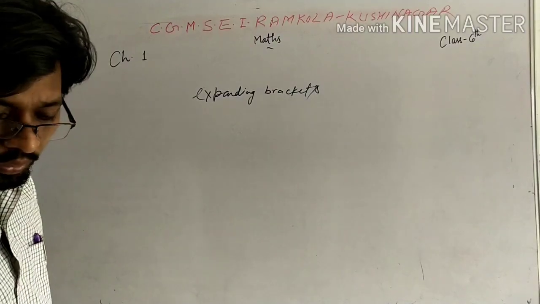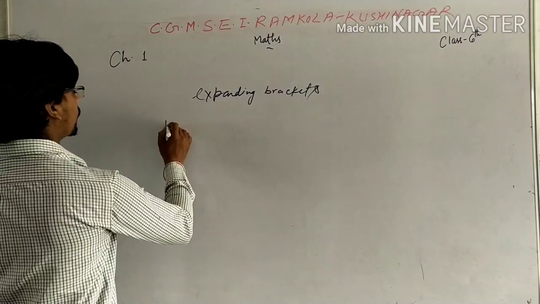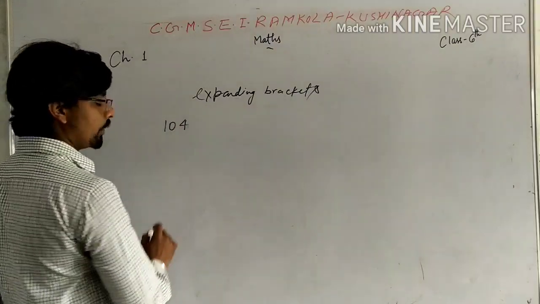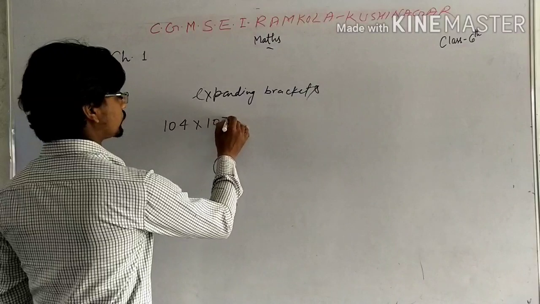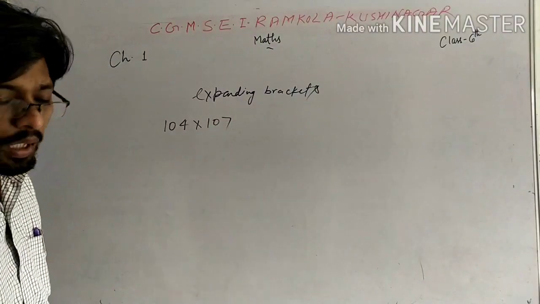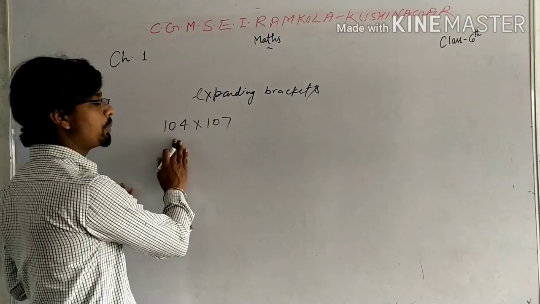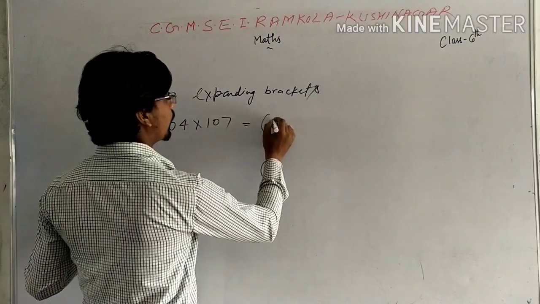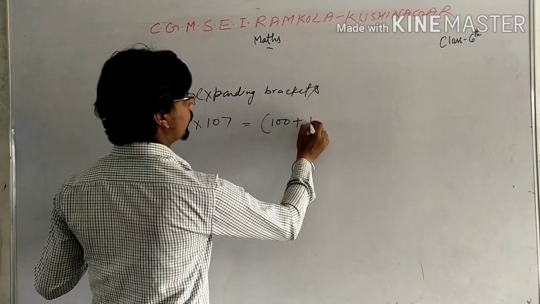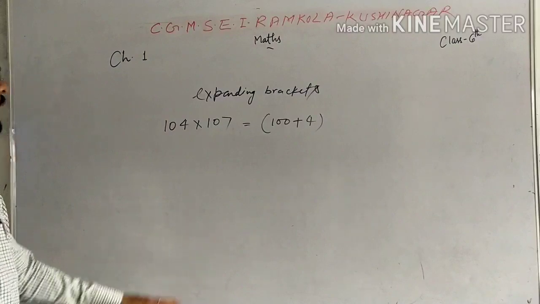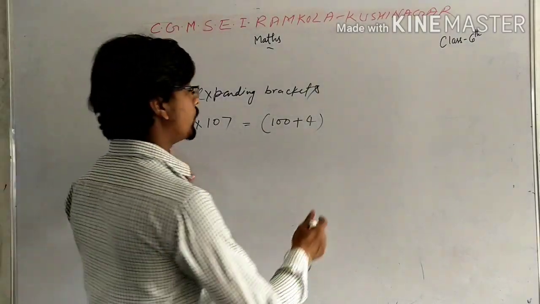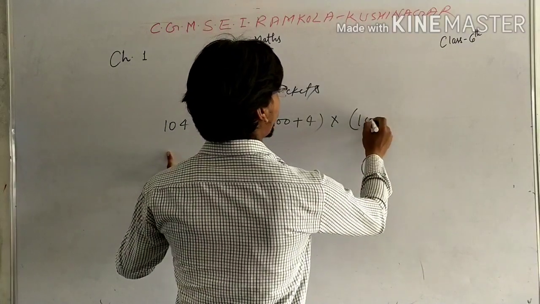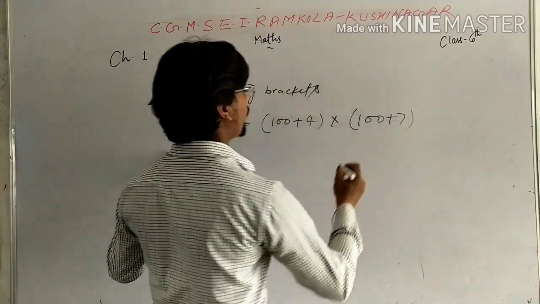Suppose you have to solve 104 into 107. Now 104 makes 100 plus 4, bracket close, and 107 is 100 plus 7.